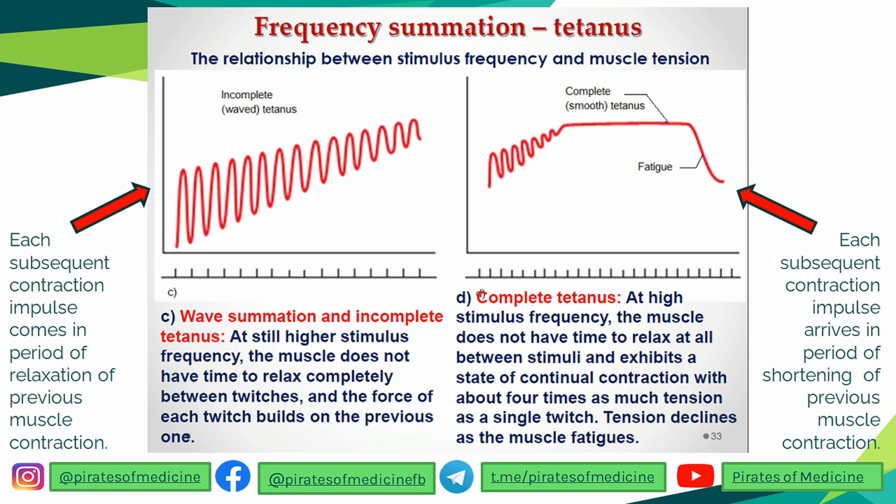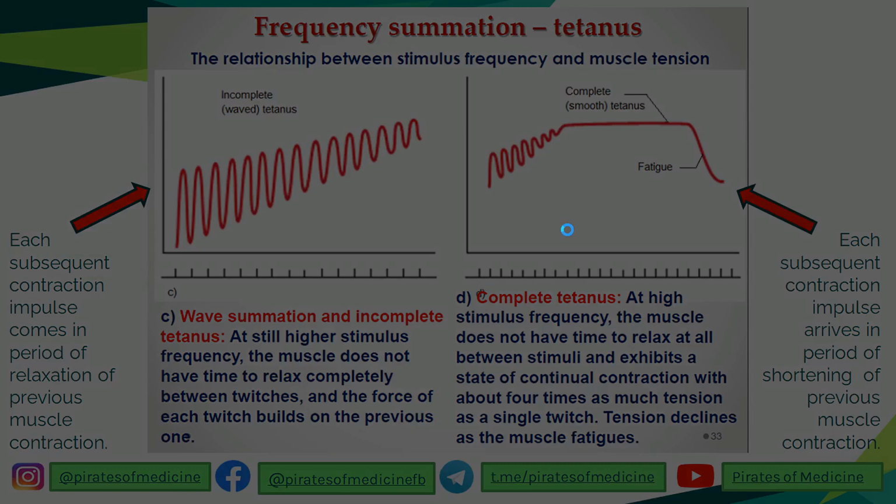Every impulse comes in a period of contraction only. So in this you see a smooth tetanus, or hollow tetanus, whatever you can say. And after that, the muscle fatigues. So in this, subsequent contraction impulse arrives in a period of shortening or contraction of previous muscle contraction. I hope you understand the difference, and I hope you understood why the answer there was partial tetanus.